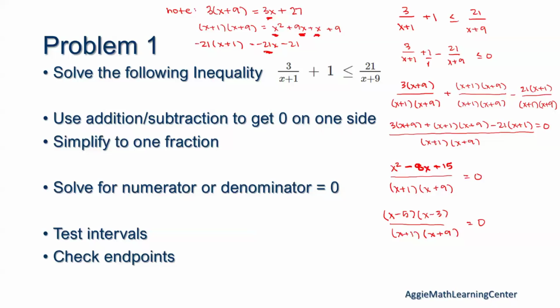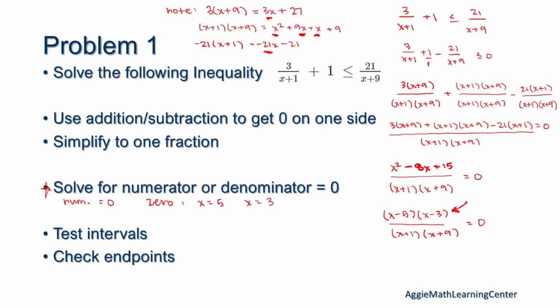Okay, so our next step here is to solve for when the numerator or denominator equals 0. So when our numerator is 0, then we have zeros of the function. So we have a 0 when x equals 5. And we have a 0 when x equals 3. And I got those just by looking here.